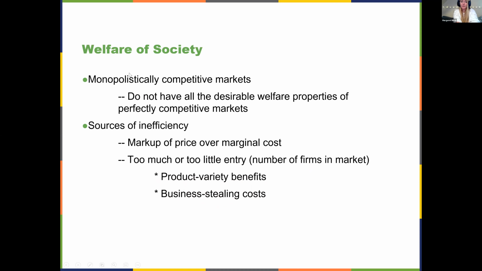Whenever there is monopolistic competition, there's this push and pull between these two different phenomena. If there are a lot of different firms in a monopolistically competitive setting, there could be product variety benefits, but there could also be business stealing costs.